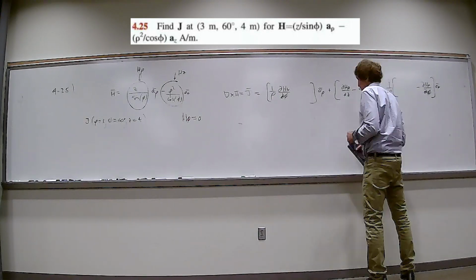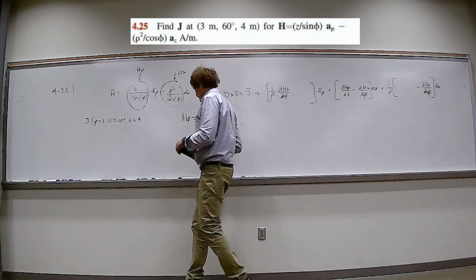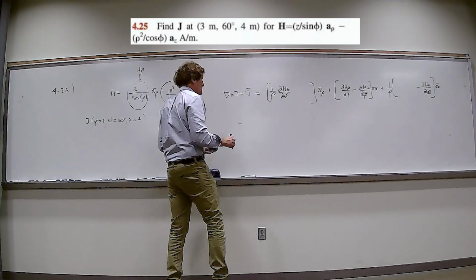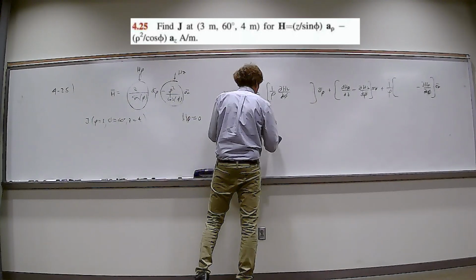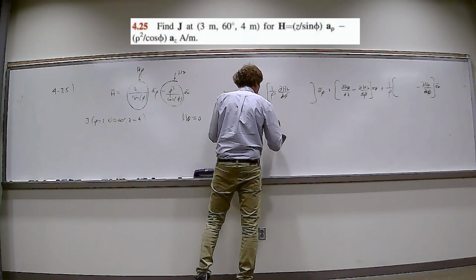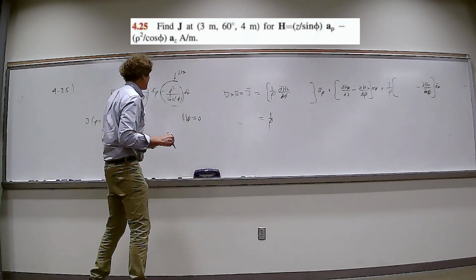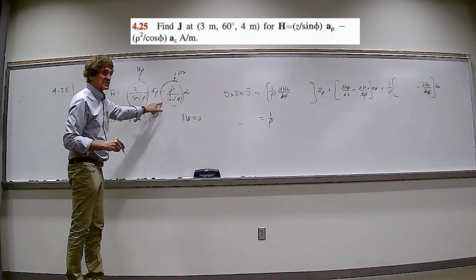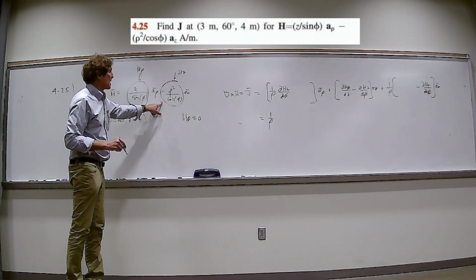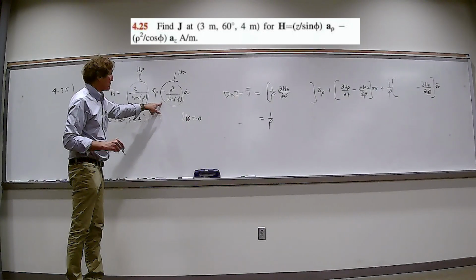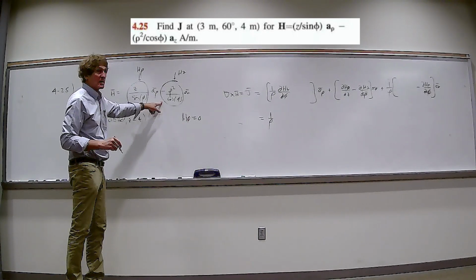Now we've got rid of some stuff. Next, evaluate what's left. For this one, we have 1 over rho, dHz d phi. This is Hz, and the derivative of that with respect to phi is the derivative of 1 over cosine. What is 1 over cosine?